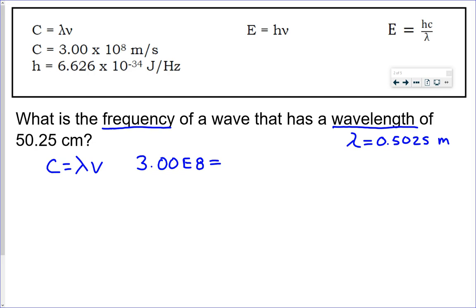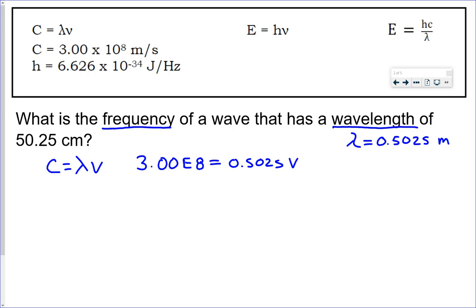That talks all about how we go from one of these units to the other, but the lambda in this case is 0.5025. If you're going to plug wavelength into this equation, it needs to be in meters. So 0.5025 for our lambda, and in this case our nu is what is unknown.